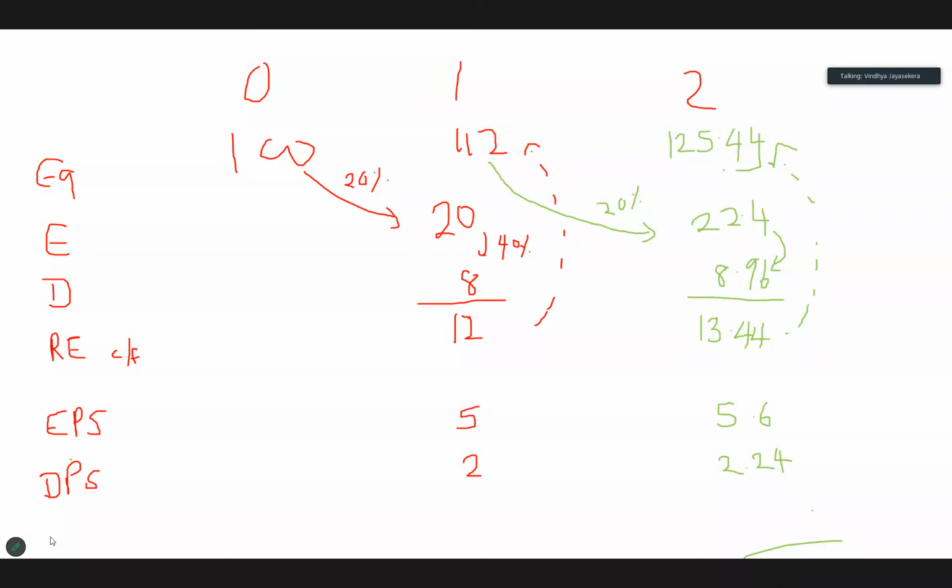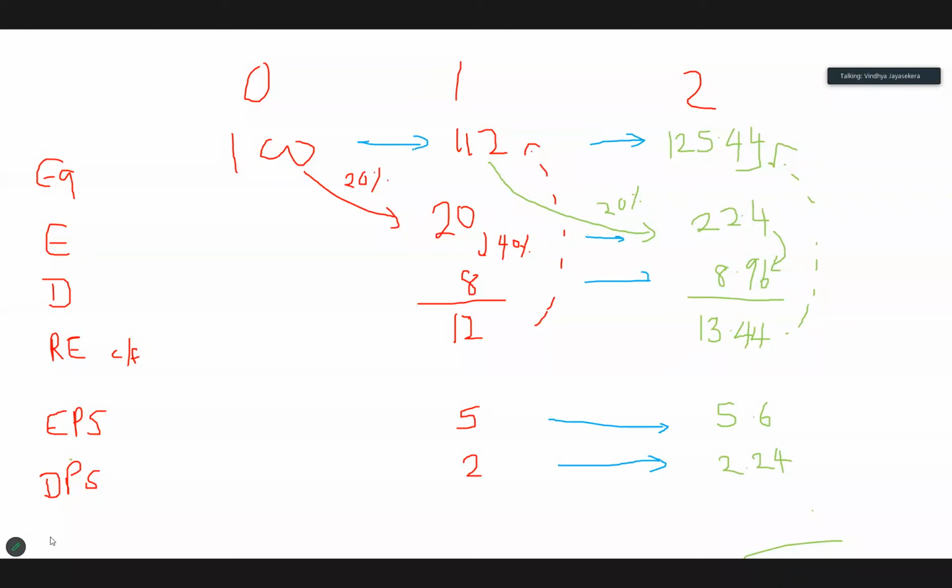Right. Now, if you do your calculations for each of these, how much is the growth in EPS? How much is the growth in DPS? How much is the growth in dividends or earnings or equity for that matter?